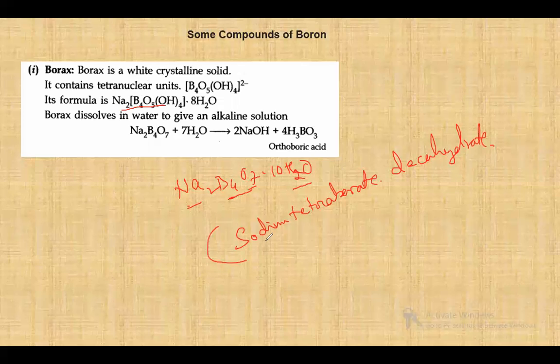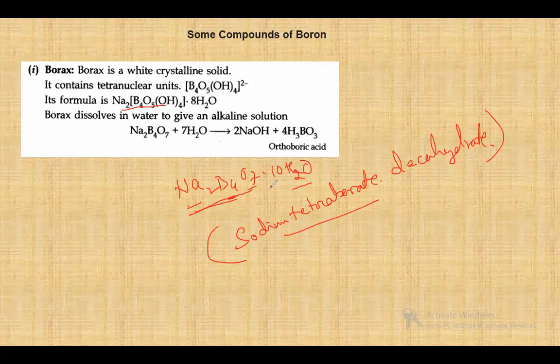The name of borax is sodium tetraborate decahydrate, Na2B4O7·10H2O. This can also be written as Na2B4O5(OH)4·8H2O.